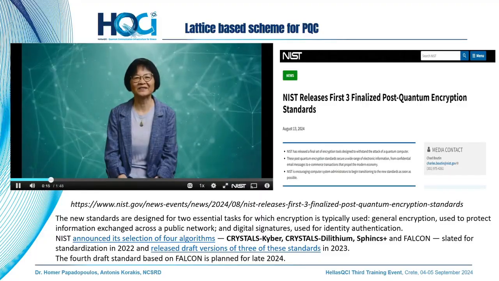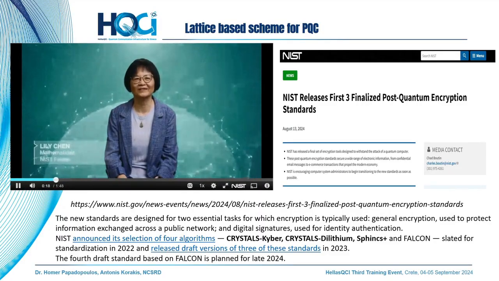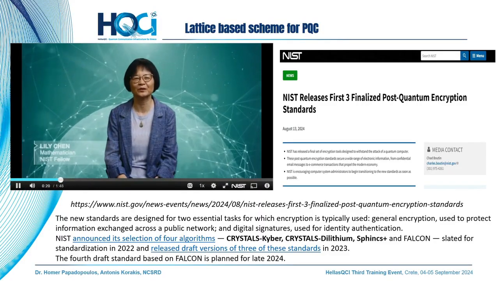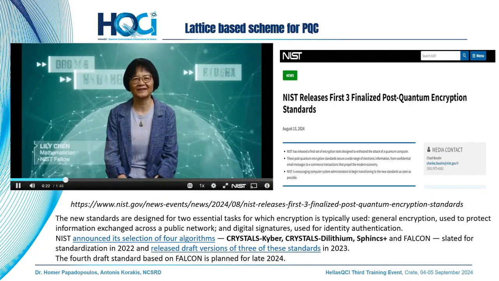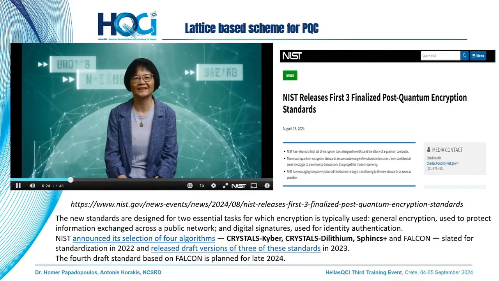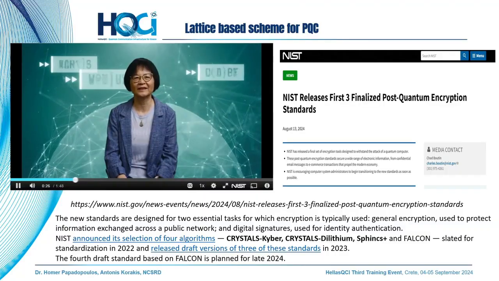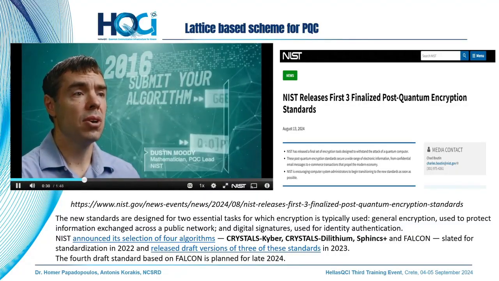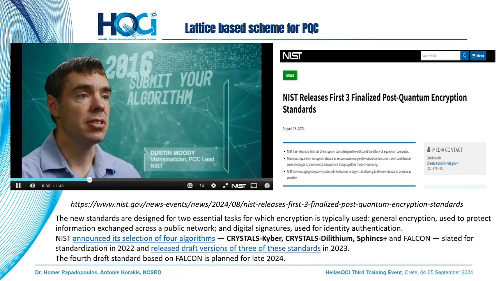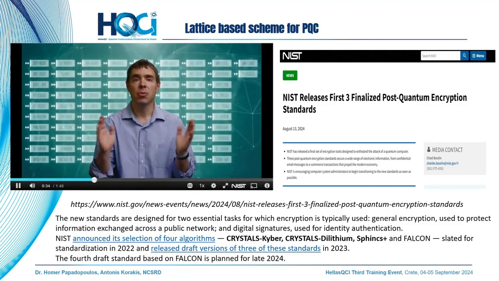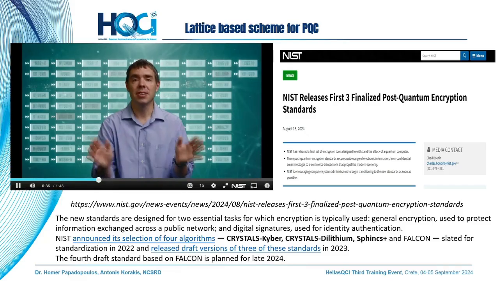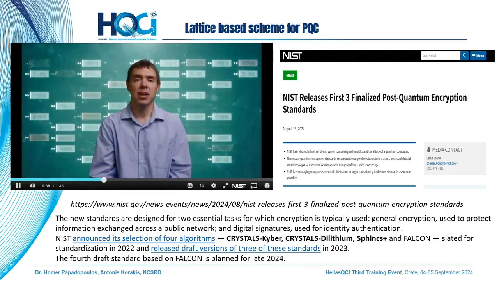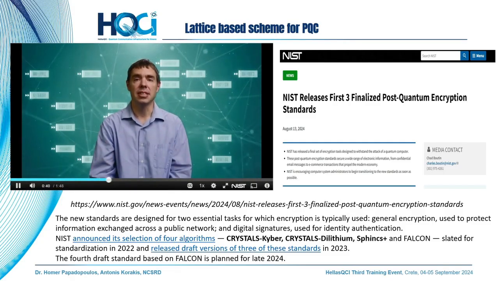And now, after years of working with the world's cryptographic community, 3 of the selected quantum-resistant algorithms are ready for use. In 2016, we issued an open call for proposals and algorithm submissions. 82 algorithms from 25 countries across 6 continents were analyzed and evaluated to identify the most resilient contenders.